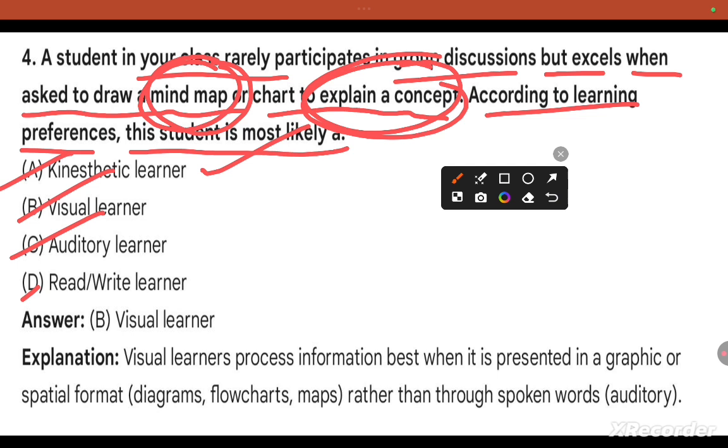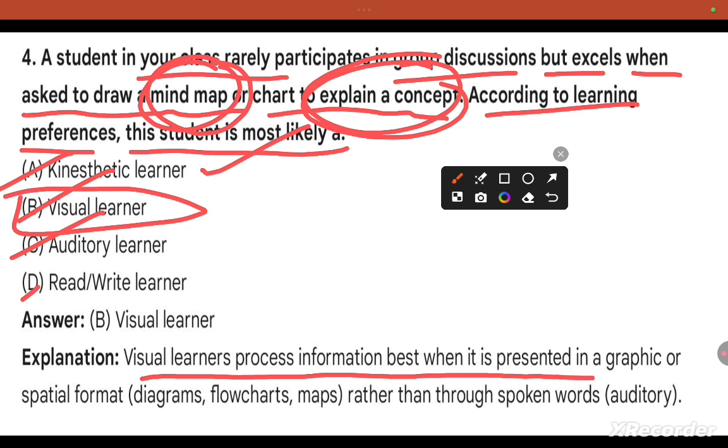So the answer is that we can consider him a visual learner. What is that? Visual learners process information best when it is presented in a graphic or spatial format, such as diagrams, flowcharts, maps, rather than spoken words.